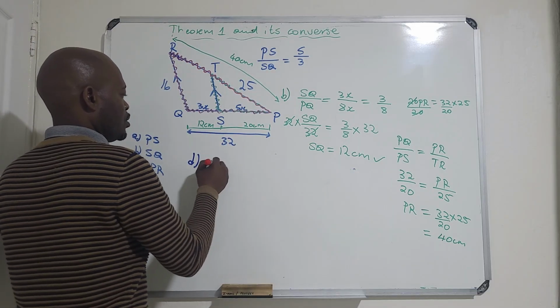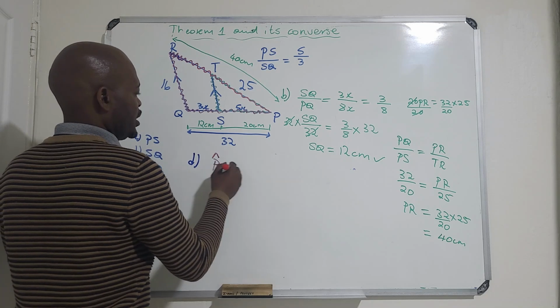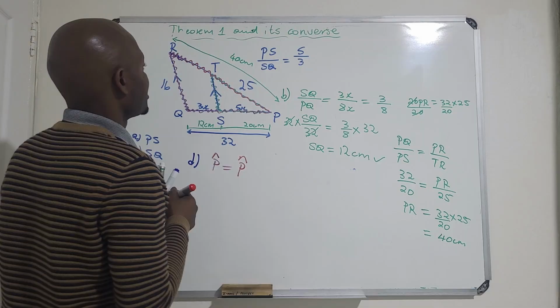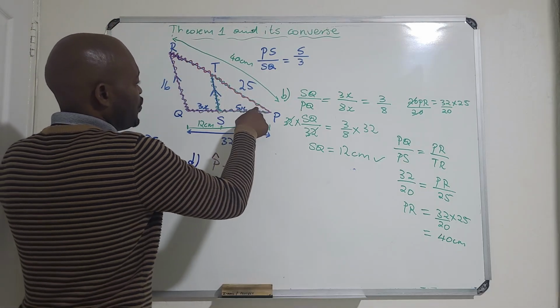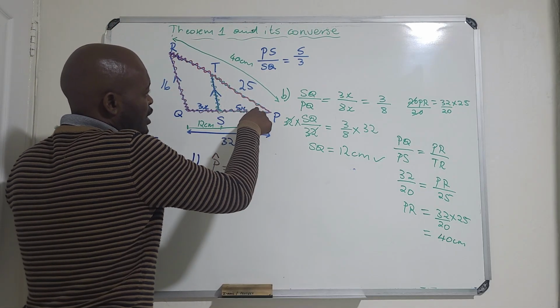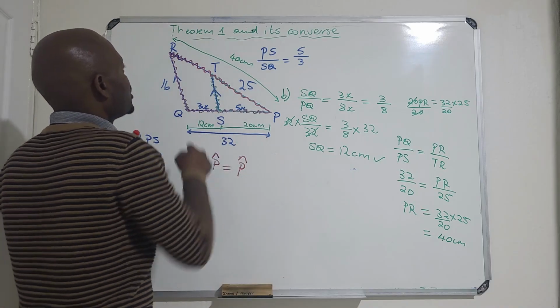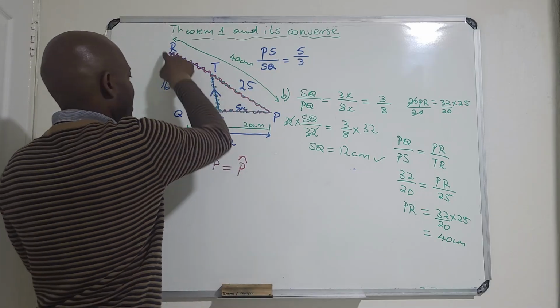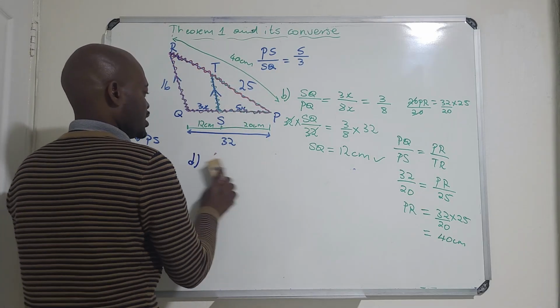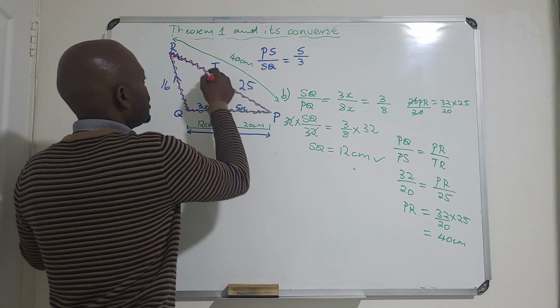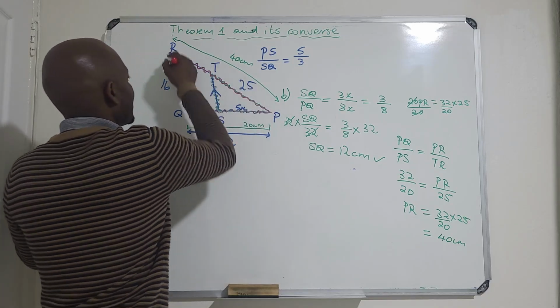Therefore, angle P is equals to angle P, because if I can separate these two triangles, this angle is the angle for this triangle, is also the angle for this triangle. Before I can start there, we want to prove that this triangle is similar to this triangle there.